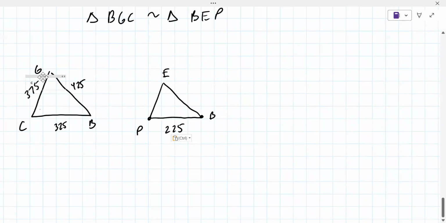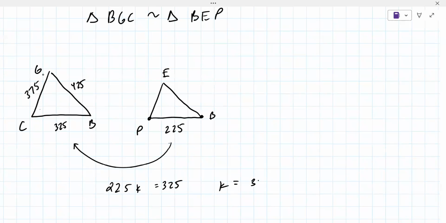All right, so for part C, we have to first establish this relationship right there. So 225K equals 325. So K is equal to 325 over 225.